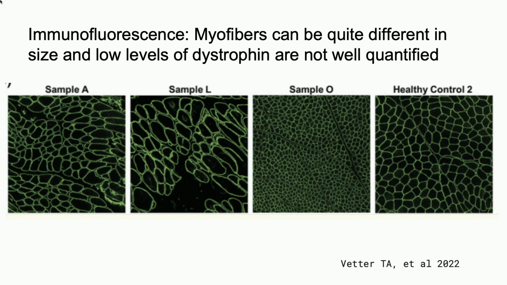And a pathologic feature of a Duchenne boy is that he has both unusually small fibers and unusually large fibers. So exactly how you go about quantifying the surface intensity of each one of those large and small fibers is quite challenging.